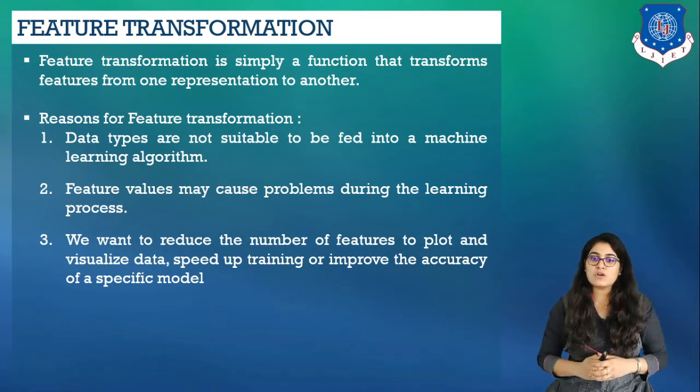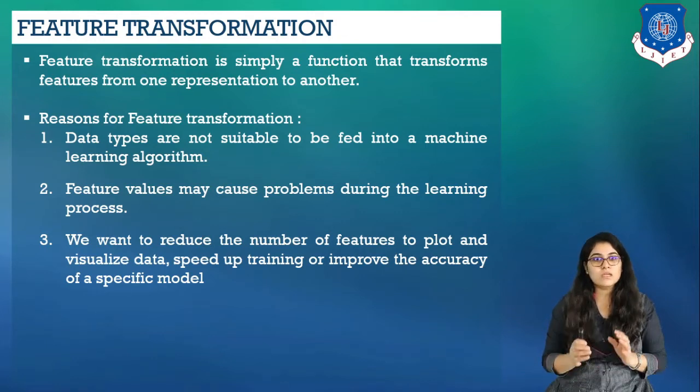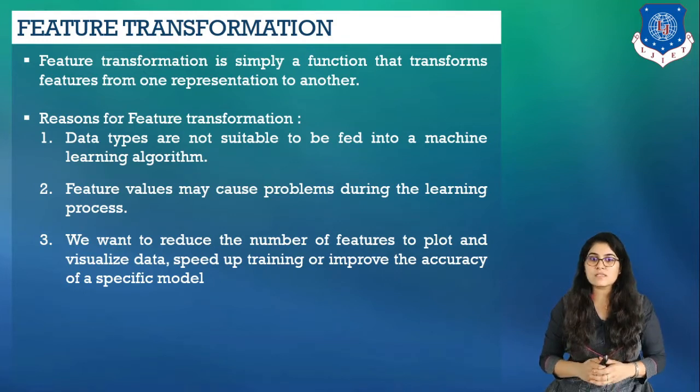Feature values may cause problems during the learning process, for example data represented in different scales. We may want to reduce the number of features to plot and visualize data, speed up training, or improve the accuracy of a specific model. The quality of knowledge extracted from a data set can be enhanced by its transformation.